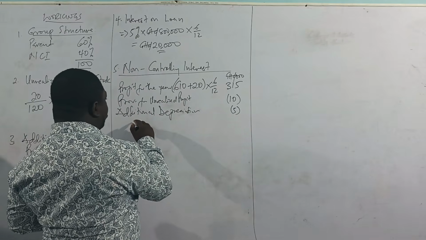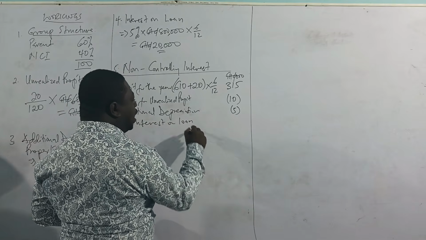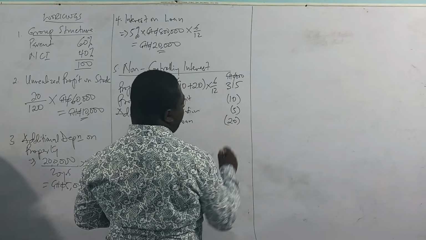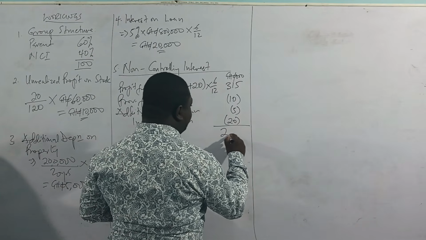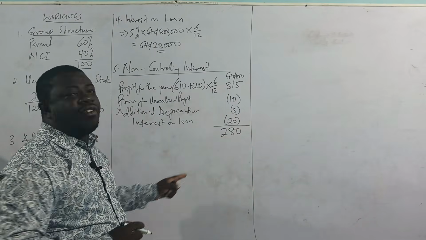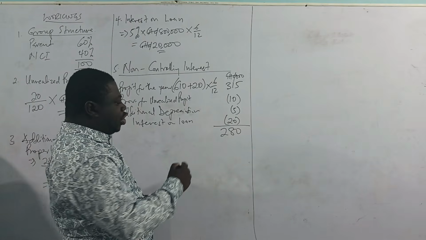And so we also have to bring the interest on loan again here, and then we subtract it. So when we do so, we are going to have a net profit of 280. When we have a net profit of 280, we can share that and give a portion to NCI.